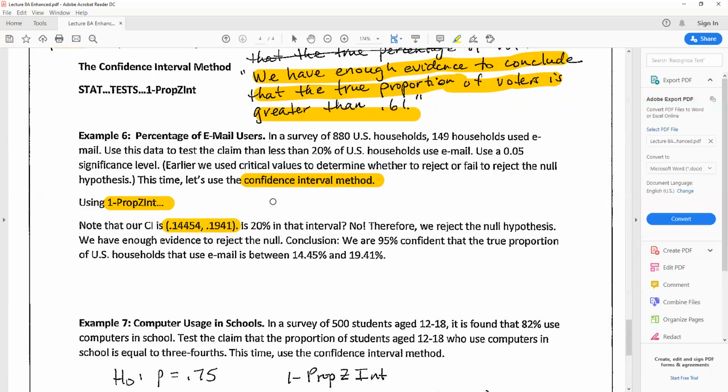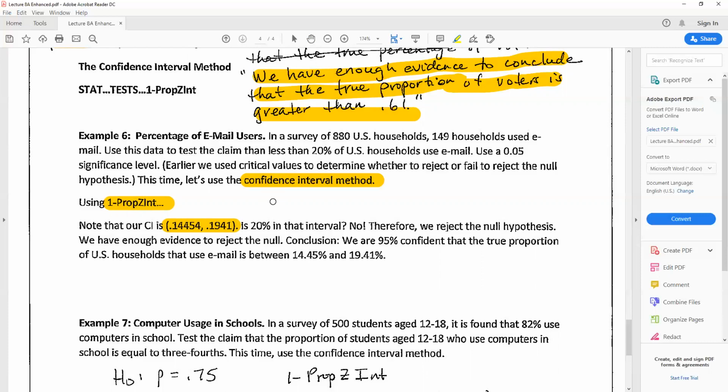This tells me that the true percentage of households that use email is somewhere between 14.45% and 19.41%. Notice that 20% is not included in the interval.